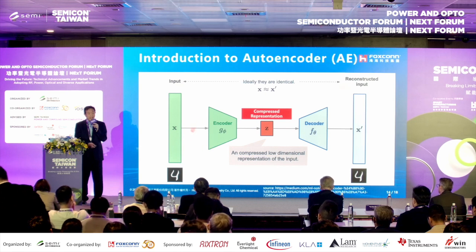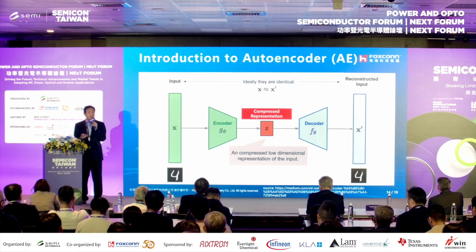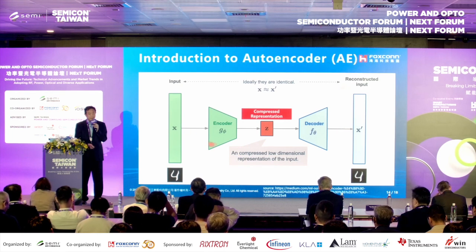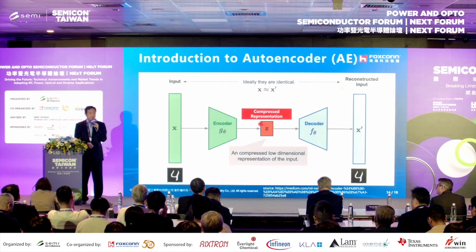The data X can be anything you are interested in, like image, video, or speech. The goal of the encoder is to do a mathematical transformation of your input data into another vector whose dimension or size is much smaller than the original data X.